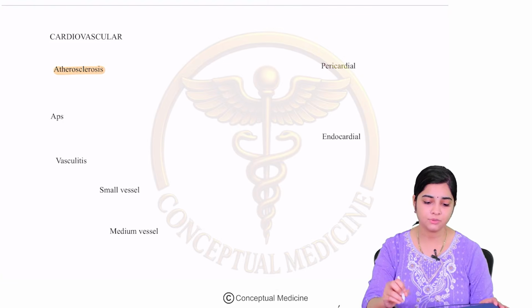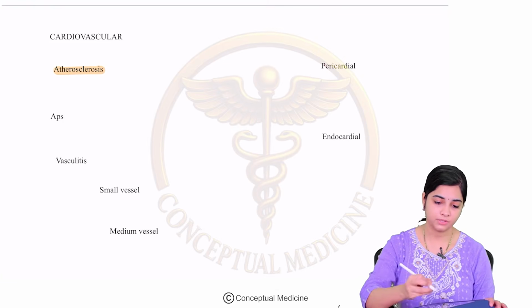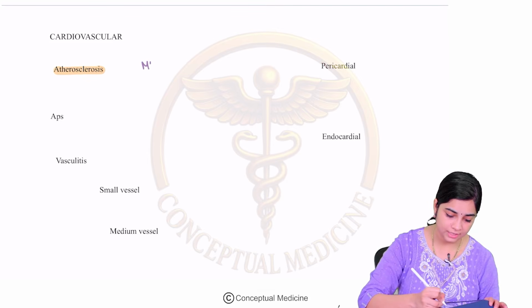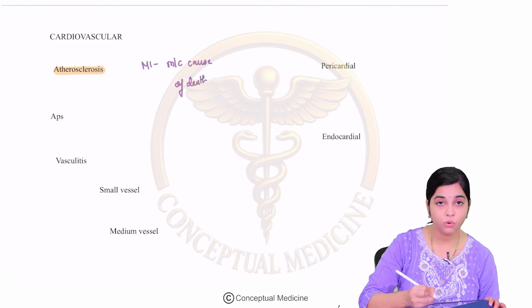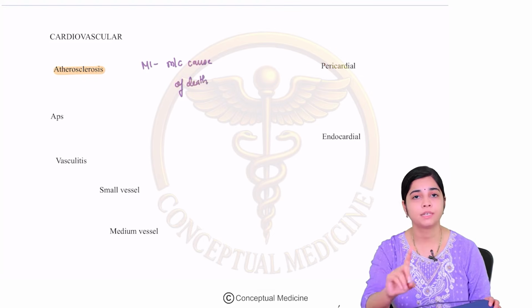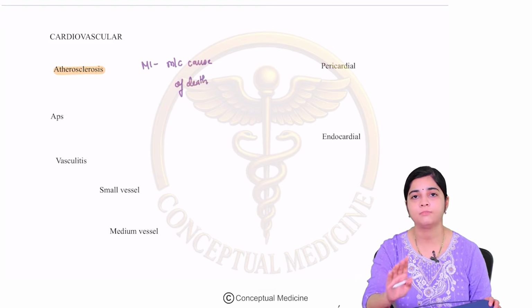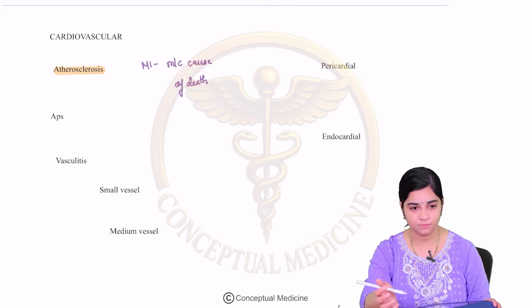Their heart becomes much older. So always remember, atherosclerosis is a risk factor, and in fact MI is one of the most common causes of death in SLE. So always be very careful, screen the patient for all risk factors, screen them for diabetes, hypertension and dyslipidemia, and empirically treat them with statins and so on.